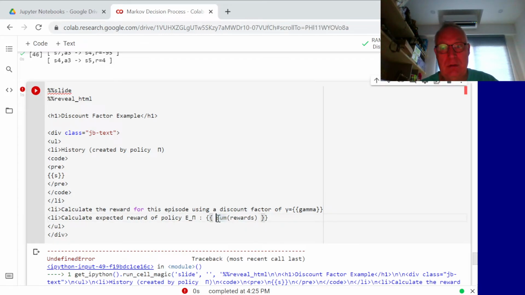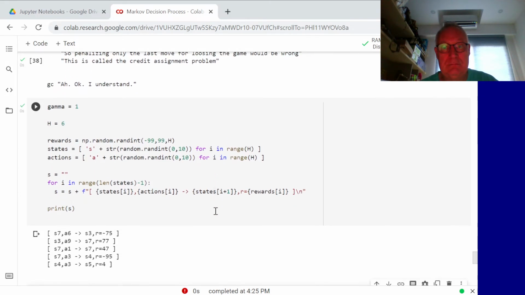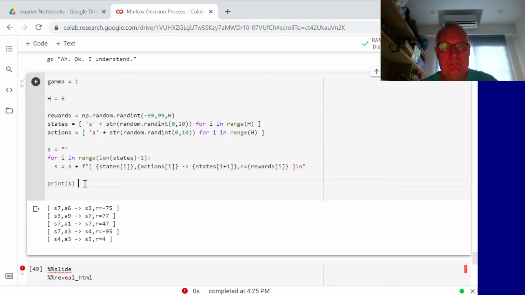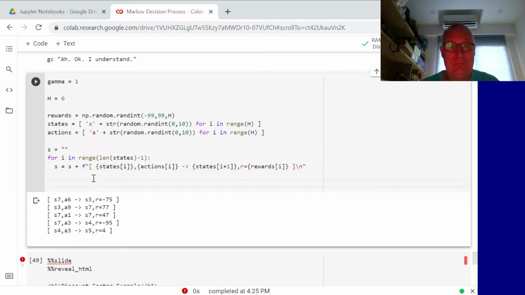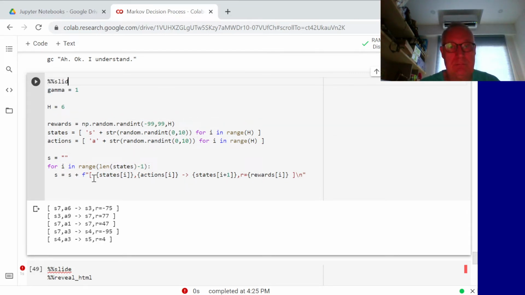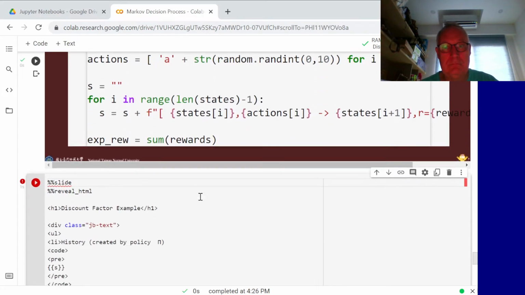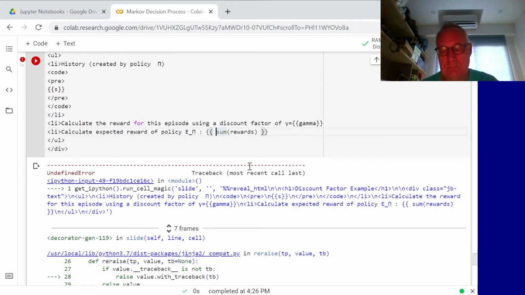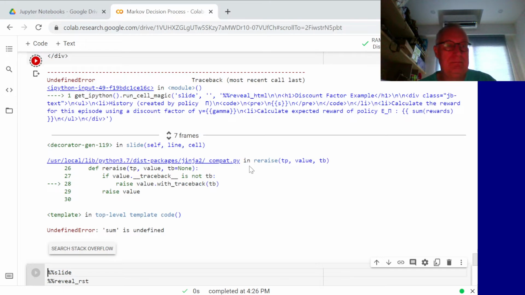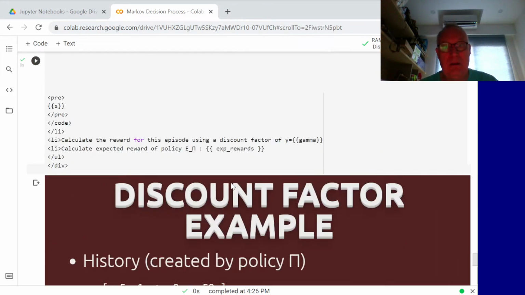Sum is not defined. Huh? So now gamma is a constant.